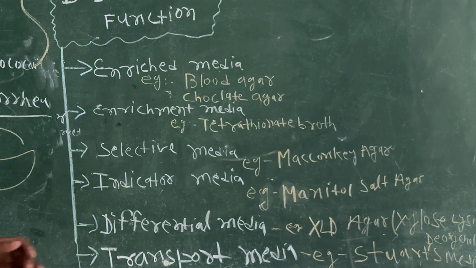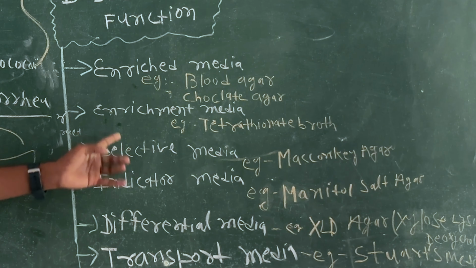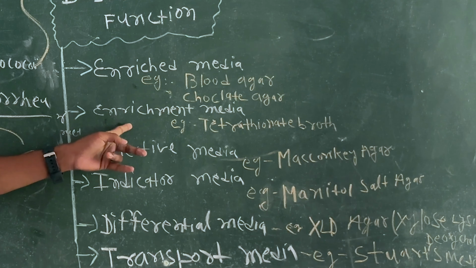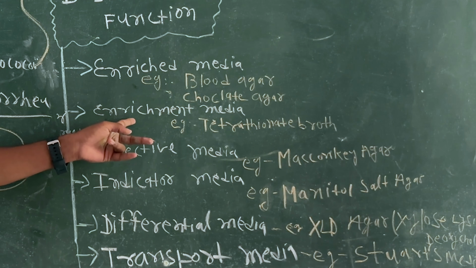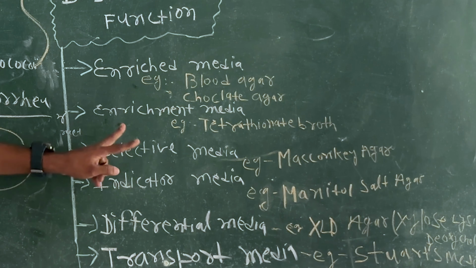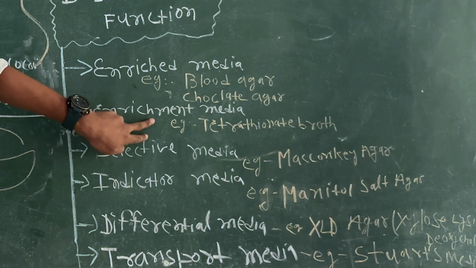No problem. So we are discussing the enrichment media and the selective media. We said that enrichment media is in a liquid state and selective media in a solid state. But both serve the same purpose.